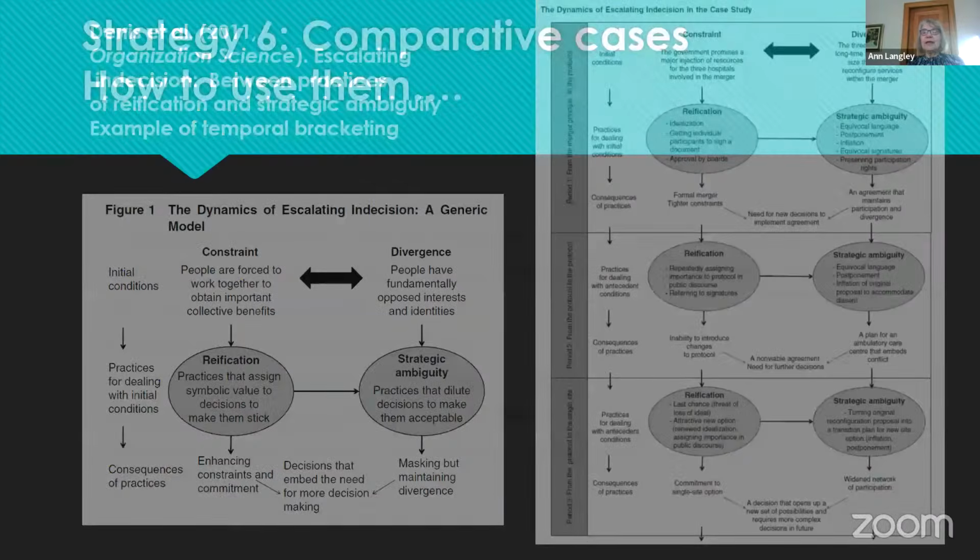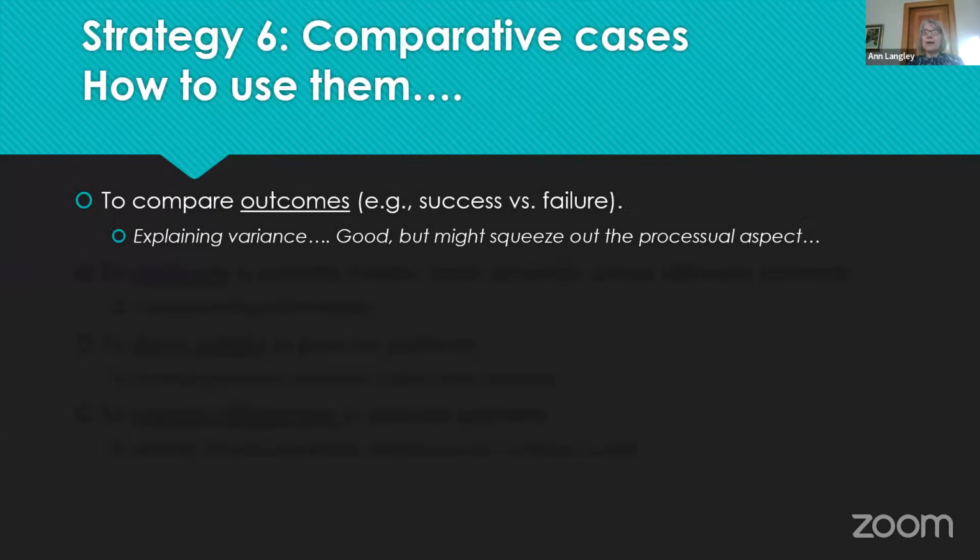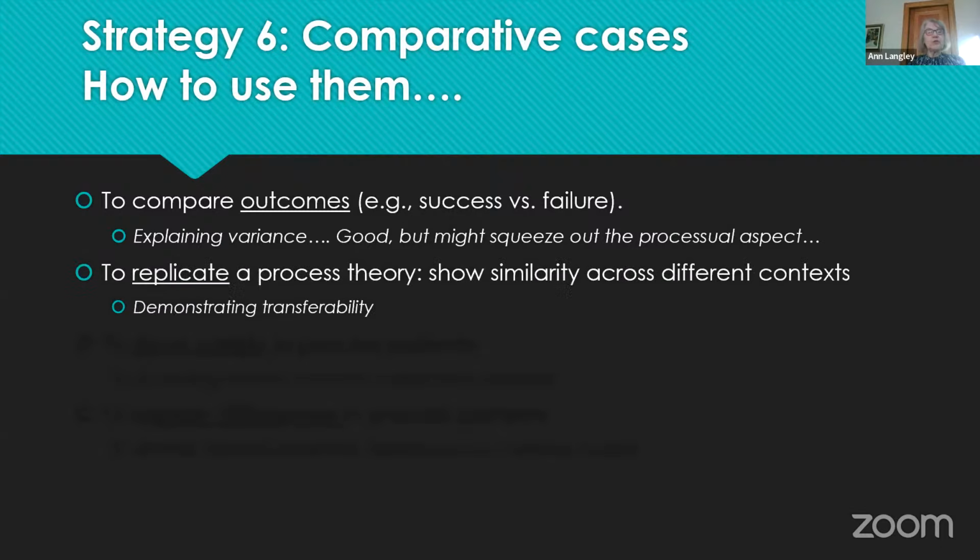And then you can also compare cases. So you can compare outcomes. If you're doing that, you probably are more into explaining variance than looking at process. So that's one thing, but you can also use a comparison between cases to show similarity rather than difference across different settings.